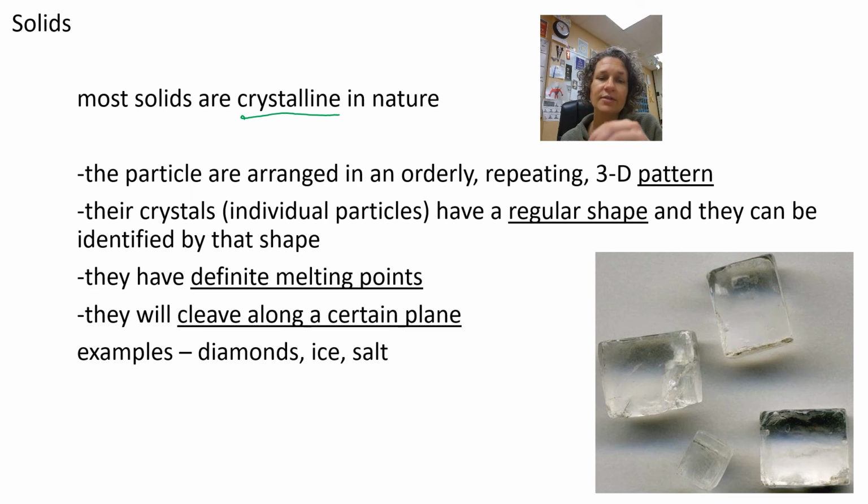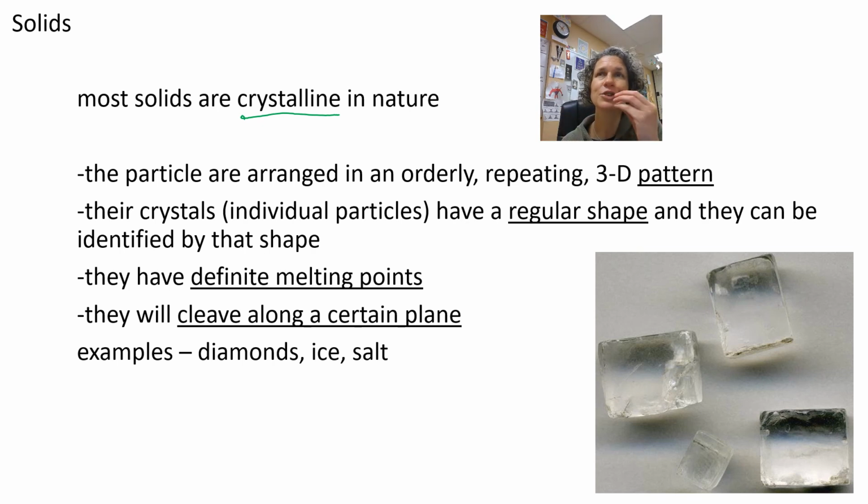Crystalline solids have definite melting points. They will melt at 35 degrees, or whatever it is. They will cleave along a certain plane. That means break, and that goes back to the angles on the crystals. Good examples are diamonds. That's one of the reasons you can cut diamonds in certain ways to make them shine more, with different facets, different faces showing.